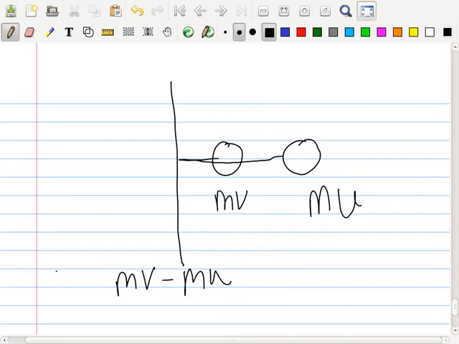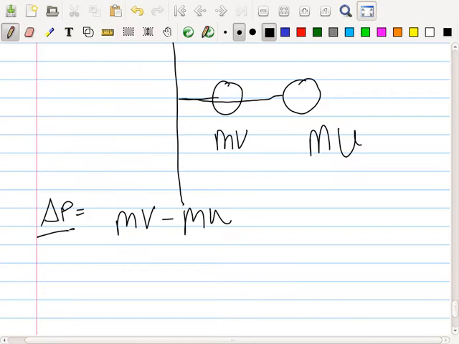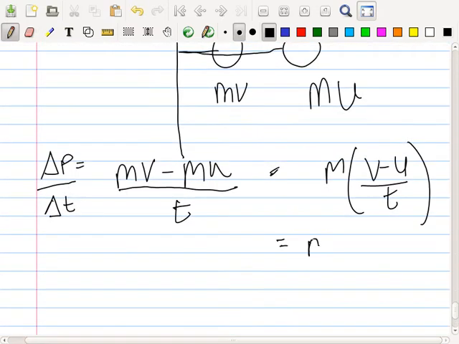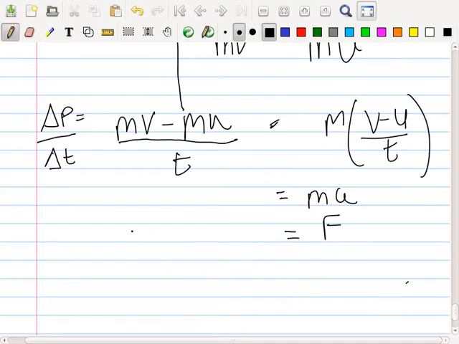That's the impulse, the change in momentum, delta P. Now if I divide both sides by delta T, I get mv minus mu over t. And what's v minus u over t? It's acceleration a. So it equals ma, which equals F. Good. Now, so we have this formula that m(v minus u) over t equals F.